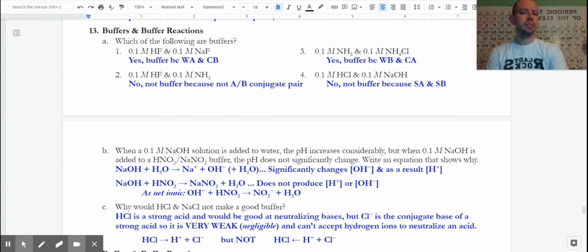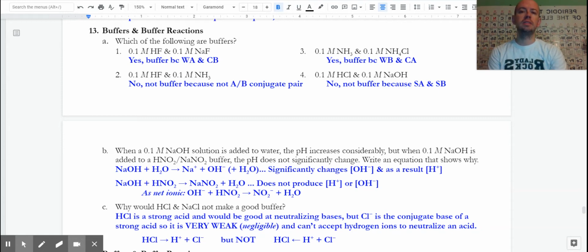Here in two, we have a weak acid and a weak base. There would be some ability to buffer. That would be a little bit trickier, but in our introductory AP Chem sense, we wouldn't normally think of that as a buffer, and we probably wouldn't get that as a question, because that's not the way we establish a buffer.